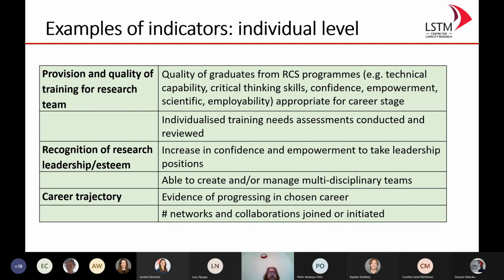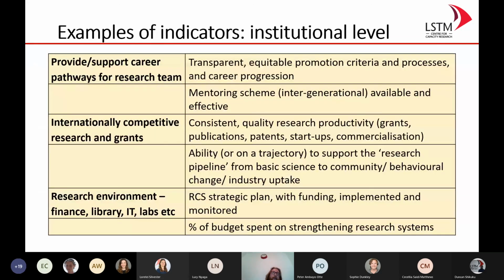So these are some examples at the individual level. Again, on this slide, it's the same thing again, but examples from the institutional level. So if you want to strengthen career pathways for a research team, then ensuring that there are transparent, equitable promotion criteria and processes and career progressions, that there are mentoring schemes available and effective.